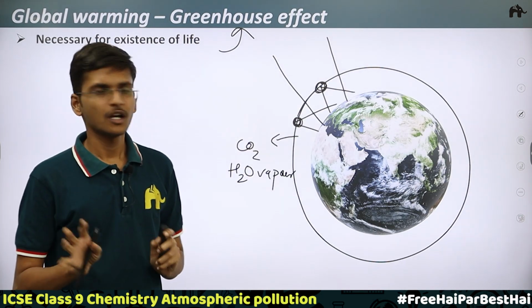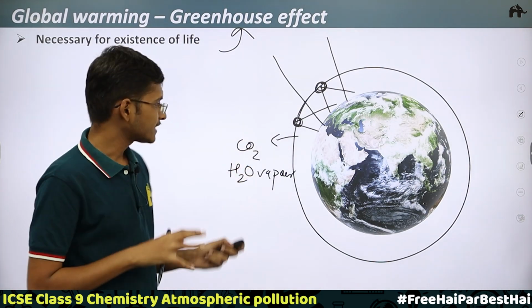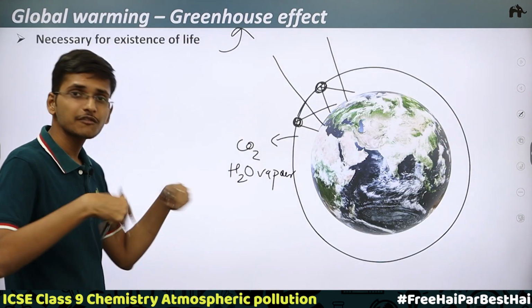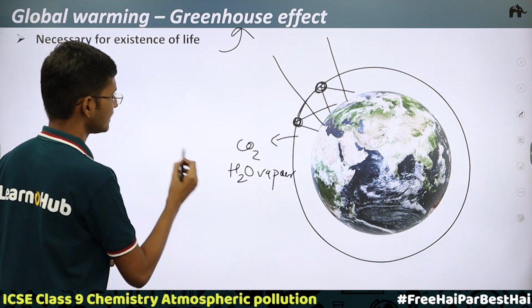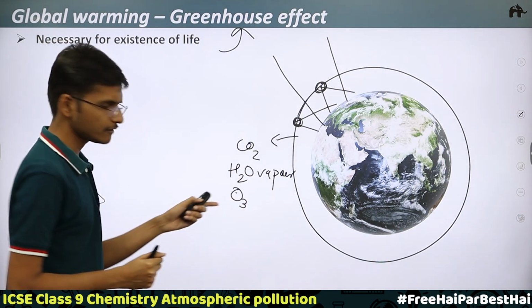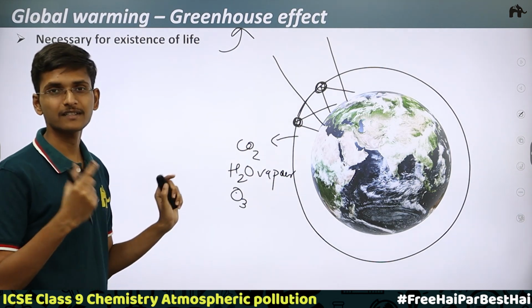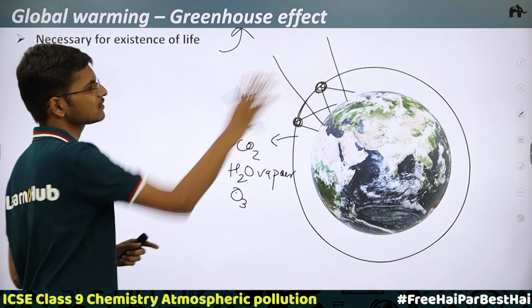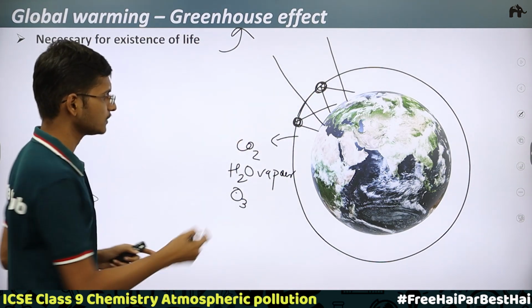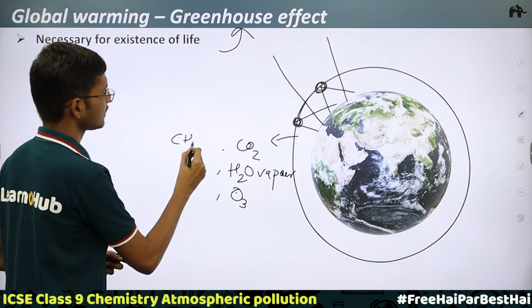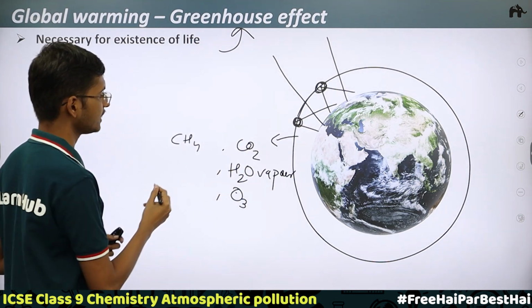This makes the earth a suitable place for life to exist. But apart from these two gases, there are some other gases which are being artificially produced by humans. Apart from these two, there is also one more gas, ozone, which also acts as a greenhouse gas that traps infrared radiation. Now, apart from them, there are other gases which humans are producing, like methane.